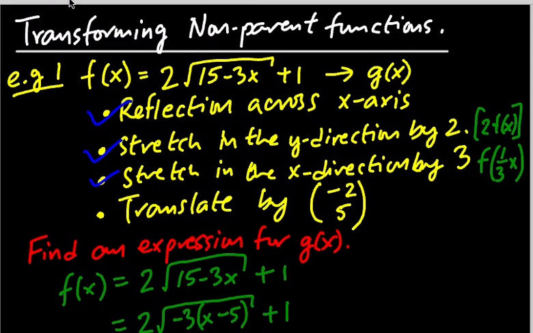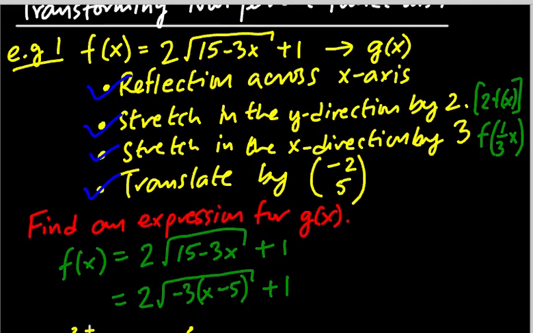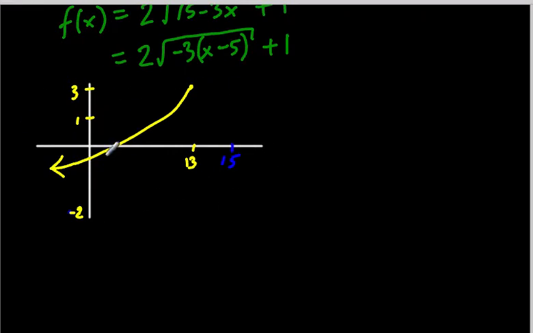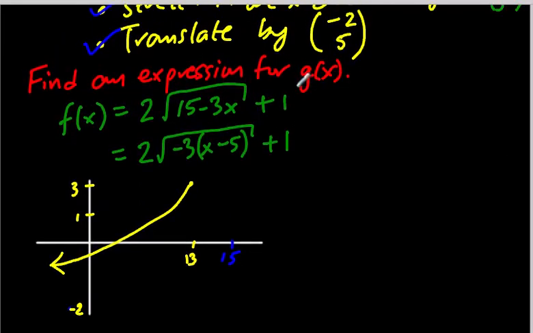I'm almost done. So this is finally, after I've done all the transformations, what my final function is going to look like. But that's not what the question asked for. The question asked for, find an expression for g of x. So we have to now find an expression for g of x. In order to do that, I'm actually going to write f of x right on top.